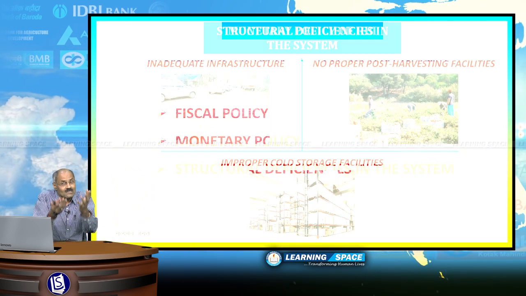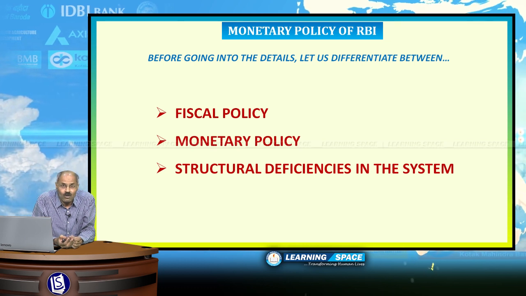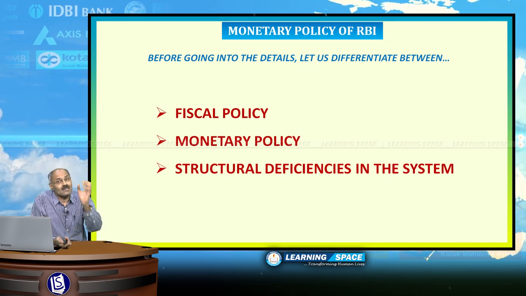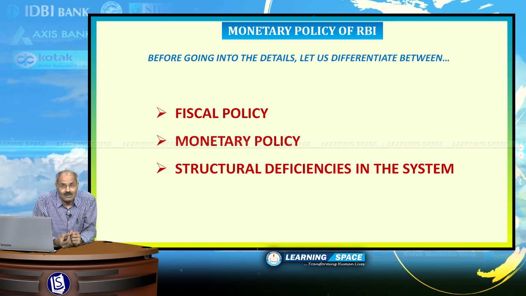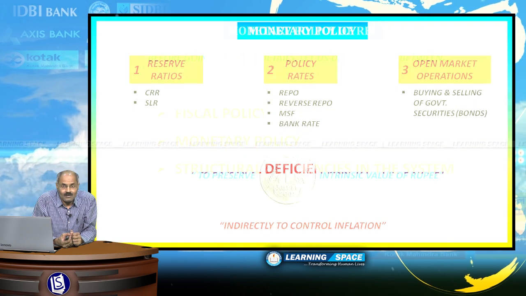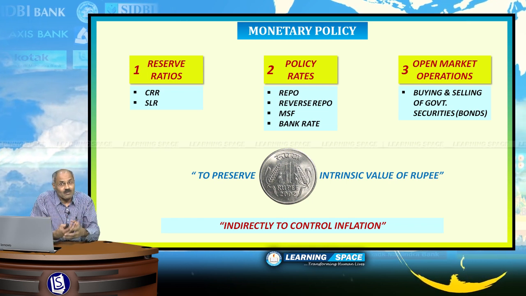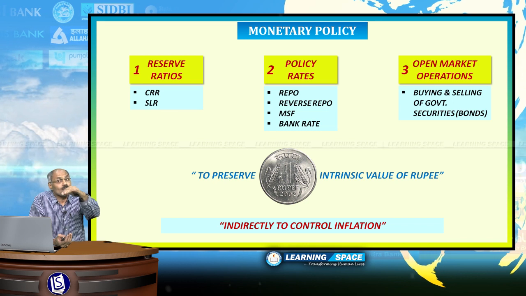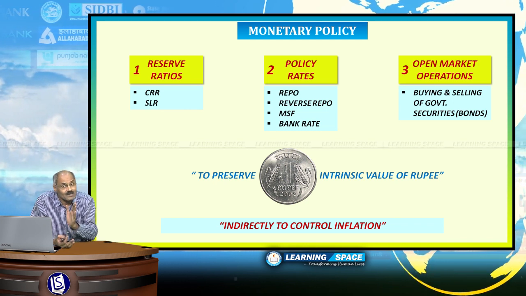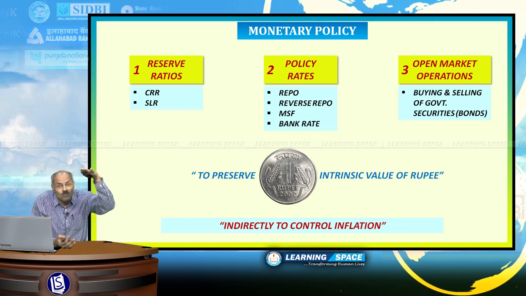Right? So, these three things are very important for an economy like India, and let us limit our discussion to monetary policy. Right? Monetary policy means to preserve the intrinsic value of the rupee, indirectly to control inflation. Rates should not increase. There should be some limit.